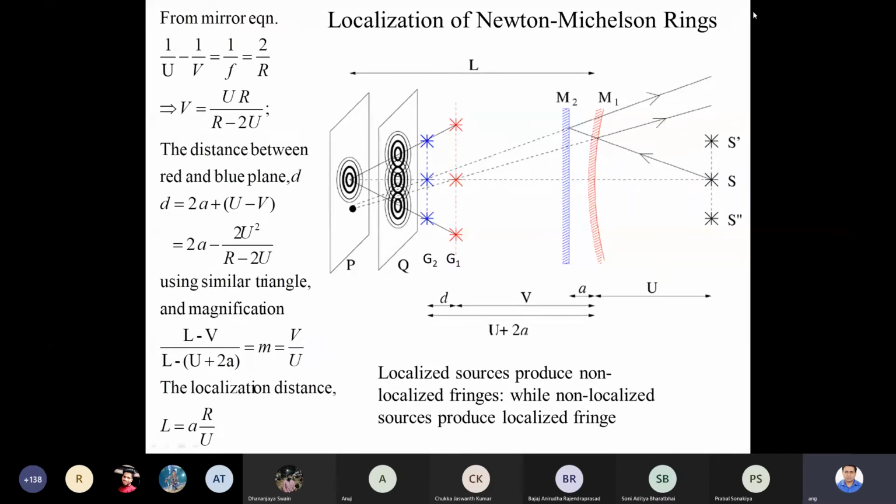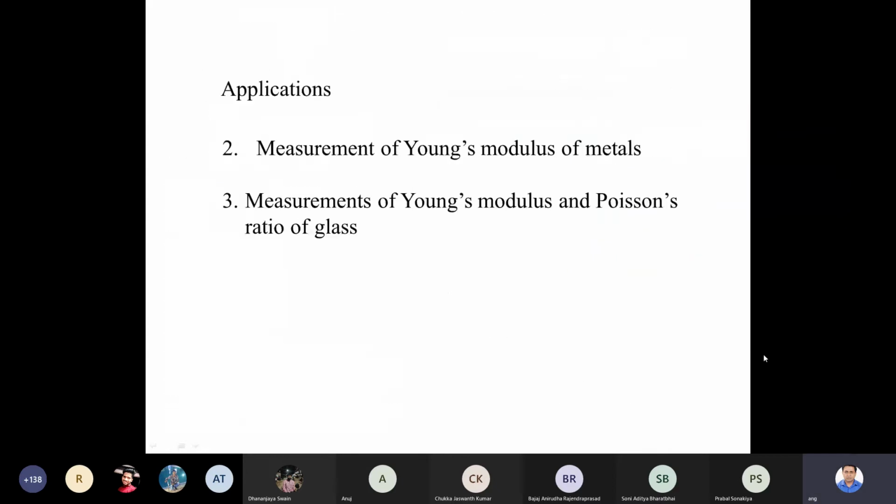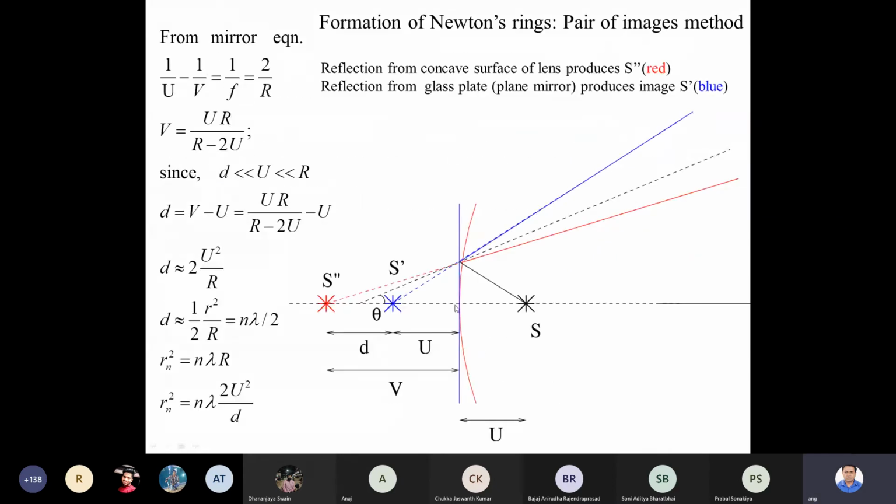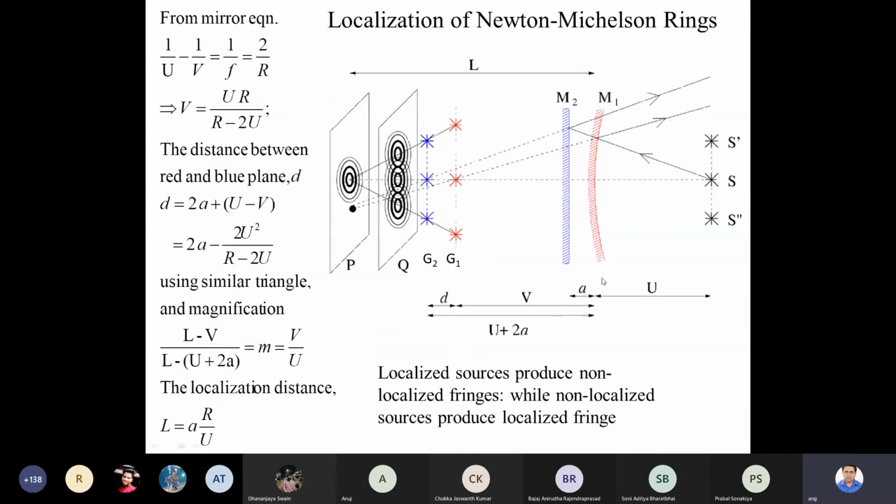Now do some calculation here, very similar to what we have done two slides back. Here D is 0, the distance between these two mirrors is 0, and you have A here. Using the same formula, 1 by U minus 1 by V, you can write D as 2A plus U minus V. It is a simple calculation. So 2D you can write as 2A minus 2U squared, putting back the value of V here, over R minus 2U.